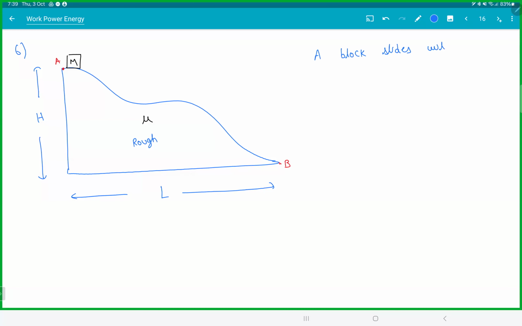The block slides with negligible speed, without losing contact from A to B. Find the work done by friction when it reaches the ground.